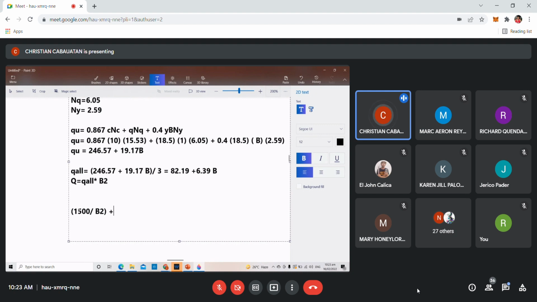Okay? Equal natin siya kay Q allowable, which is 246.5, wrong. Q allowable pala is 82.19 plus 6.39 B. So, ano yung ating B?